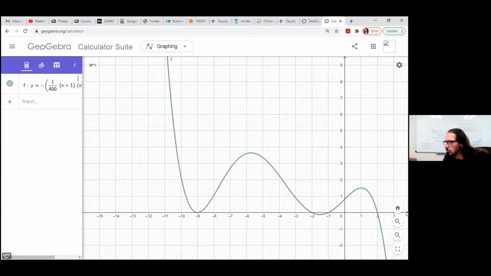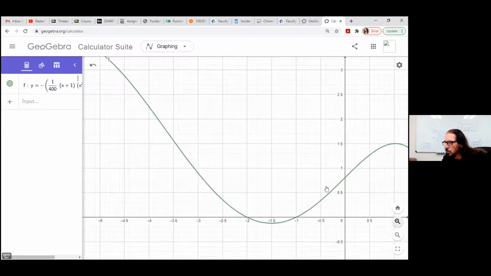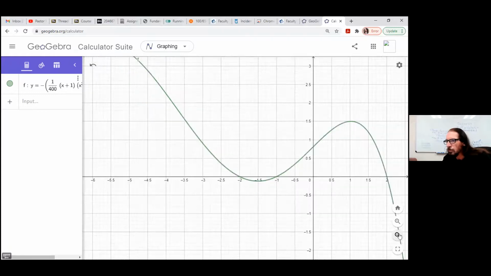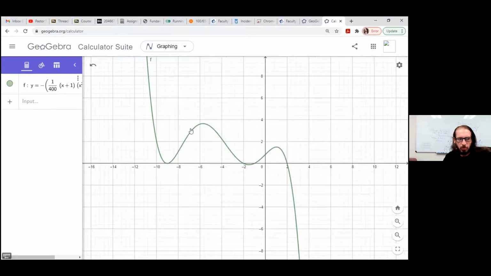If you're not convinced about the two in the middle there, I could just zoom in on that a bit and better see that, yes, in fact, it is crossing at -2, 0 and -1, 0. Also notice, connecting this to the previous video, we have 1, 2, 3, 4 turning points.